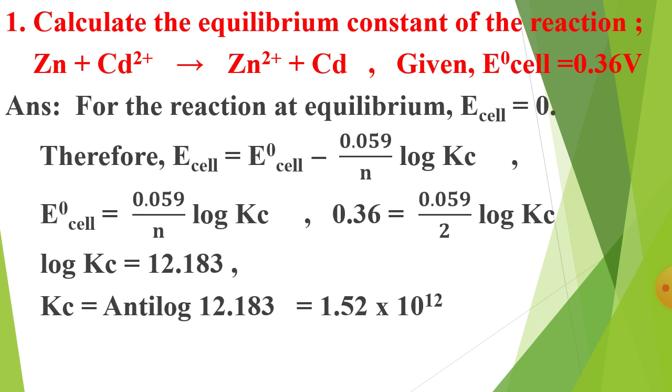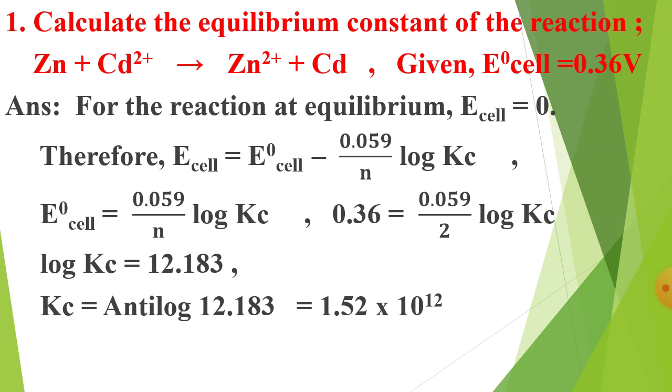Now questions based on E naught cell, log Kc and delta G are given here. Calculate the equilibrium constant of the reaction. The reaction is given: Zn plus Cd2+ changes into Zn2+ plus Cd. Here Zn is more active than Cd2+, and that's why Zn is oxidized and Cd2+ is reduced to Cd. Given that E naught cell equal to 0.36 volt.